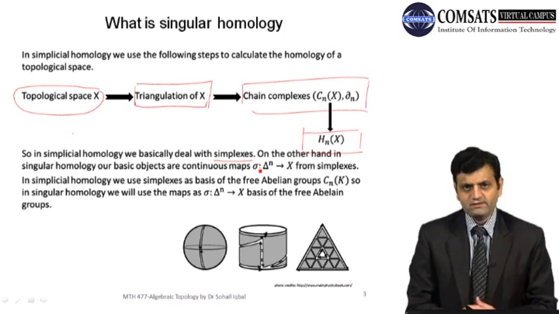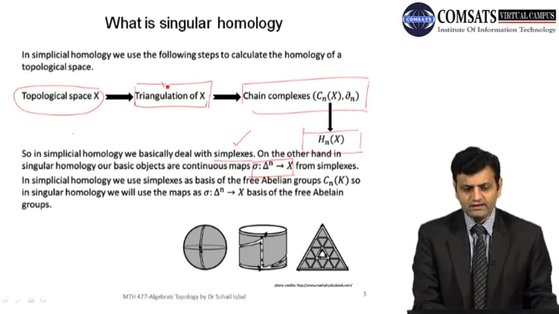Now, in place of simplices, we are going to use continuous maps from simplices to the topological space. Once again, after triangulating a topological space, we dealt with simplices and simplicial complexes.